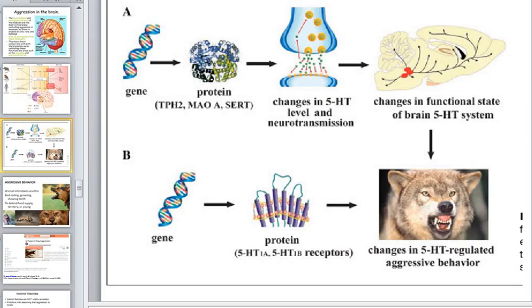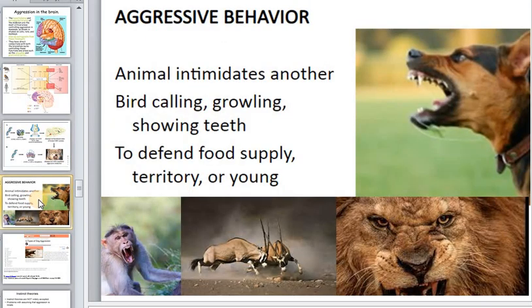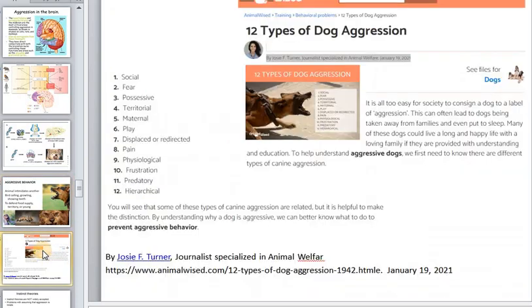In animals, aggression is most often manifested in showing teeth. Yes, we know this animal is showing the teeth, like this dog, and different food supply, territory, or young babies.